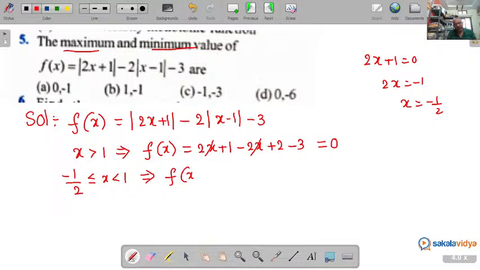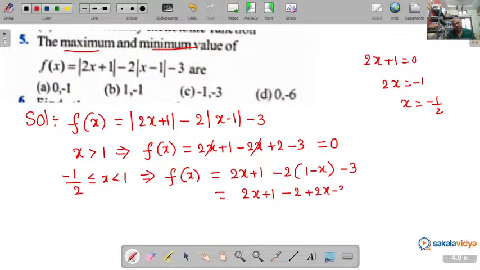So now f of x becomes 2x plus 1, minus 2 of this becomes 1 minus x, minus of x minus 1, and next minus 3. Simplify this one, 2x plus 1 minus 2, so minus into minus plus 2x and minus 3. So this is equal to 2x plus 2x is 4x, minus 3 minus 2 minus 5 plus 1 minus 4. So this function is 4x minus 4. That means we need to write a piecewise function.